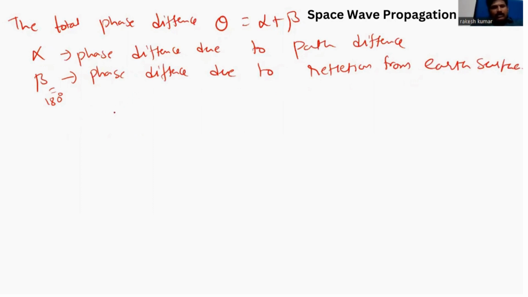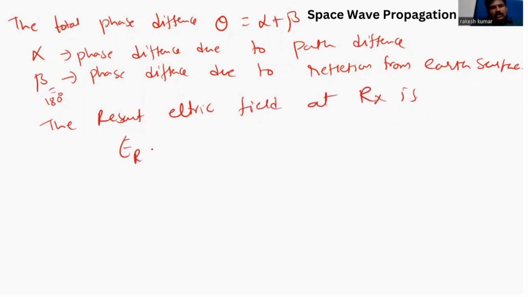Therefore, the resultant electric field at a receiver is ER is equal to E naught plus K into E naught into e to the power of minus J theta. If I take E naught common, it is E naught into 1 plus K e power minus J theta.